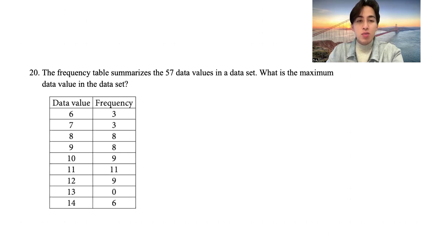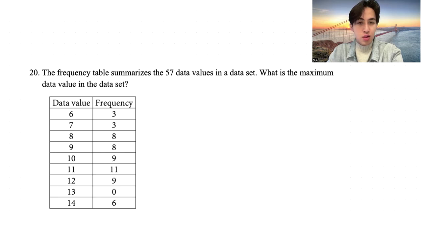The frequency table summarizes the 57 data values in a data set. What is the maximum data value in the data set? Okay, so this is very straightforward. The maximum data value is the largest number in the data value column that has a frequency that is not zero.